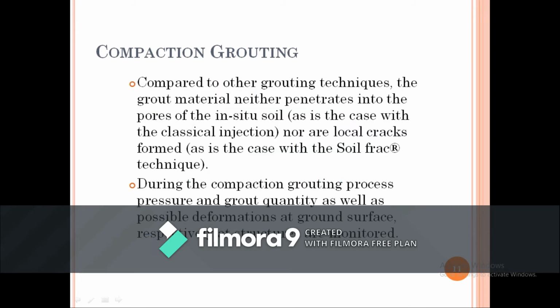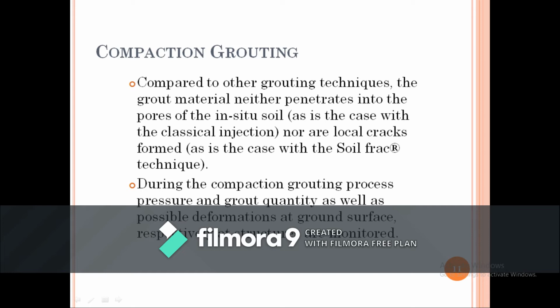Next, in the compaction grouting technique, compared to other grouting techniques, the grout material neither penetrates into the pores of the soil, as in the case of classical injection, nor are local cracks formed, as in the case of the soil fracture technique. During the compaction grouting process, pressure and grout quantity as well as possible deformations at the ground surface and at structures are monitored.